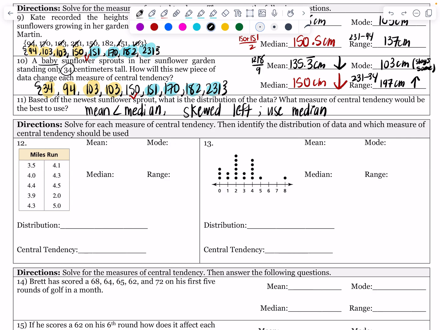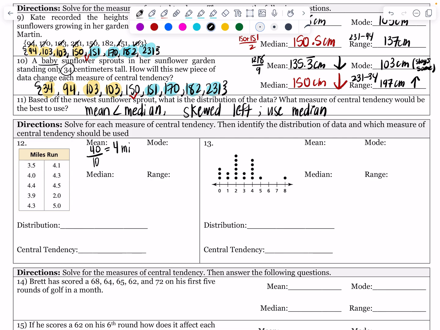That's 40. And we're going to divide by how many values we have. We had 1, 2, 3, 4, 5, 6, 7, 8, 9, 10. So 40 divided by 10 gives me a mean of 4. So that's equal to 4 miles is my mean.